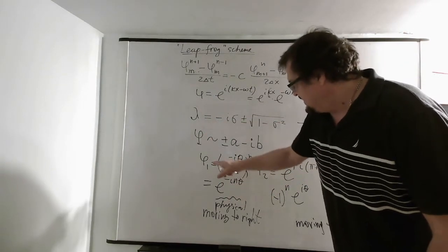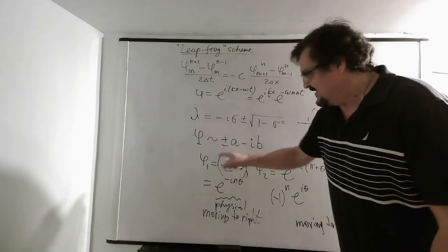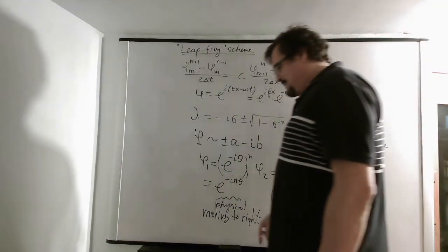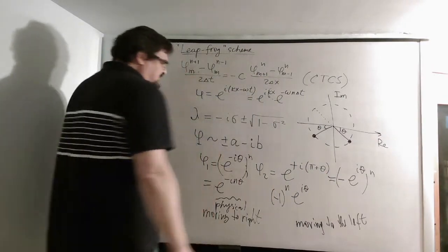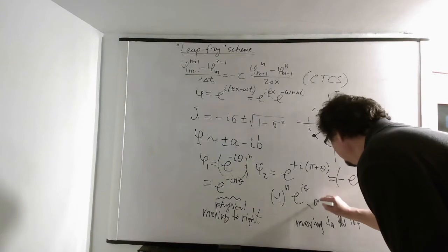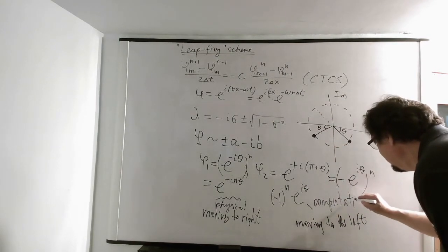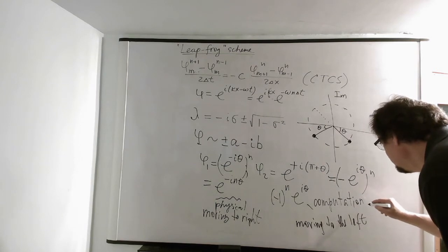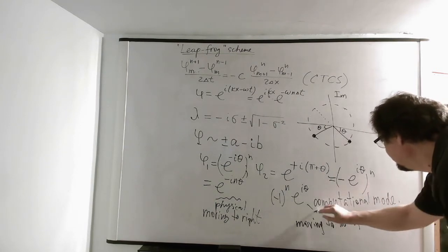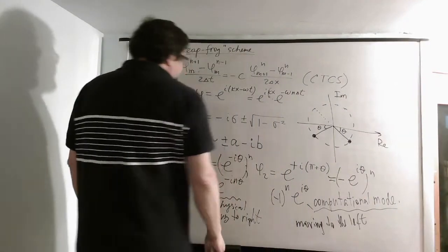So the physical amplitude of the solution is the same as the physical mode, but it's flipping back and forth. And so this one is called the computational mode. So it's completely artificial. This is a completely artificial mode, which is not physical.